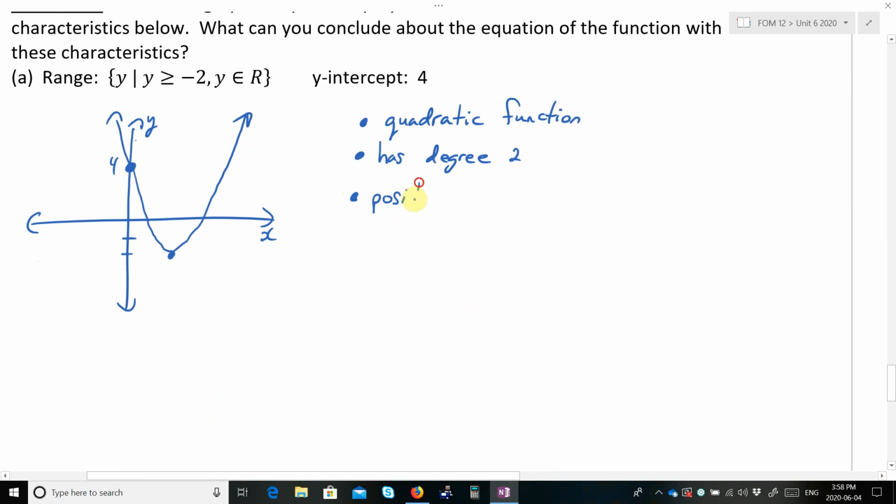It has a positive leading coefficient because it's facing up. Positive leading coefficient. And the y-intercept is the constant term, so the constant term is 4.